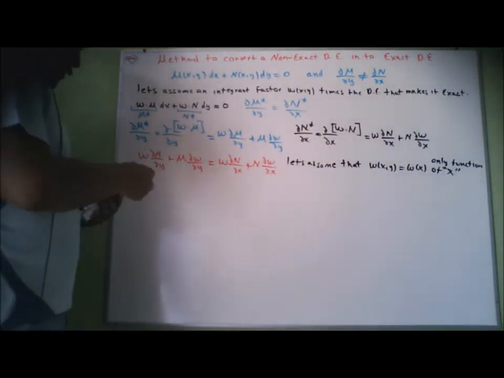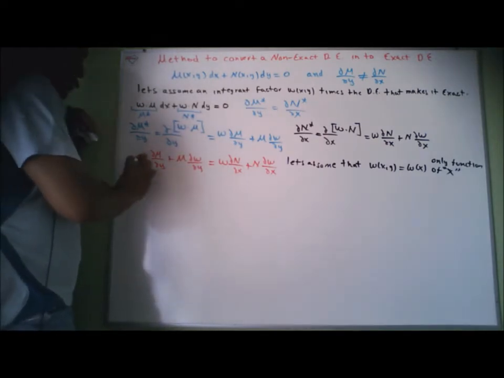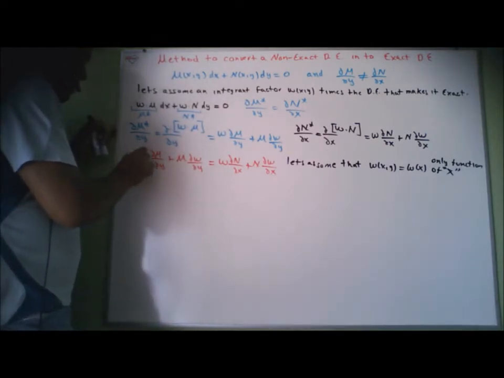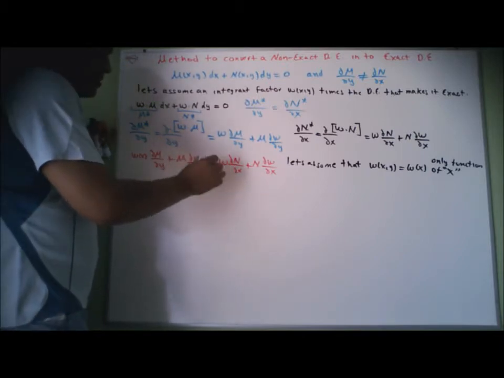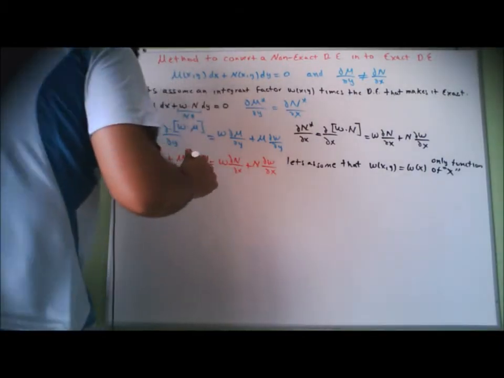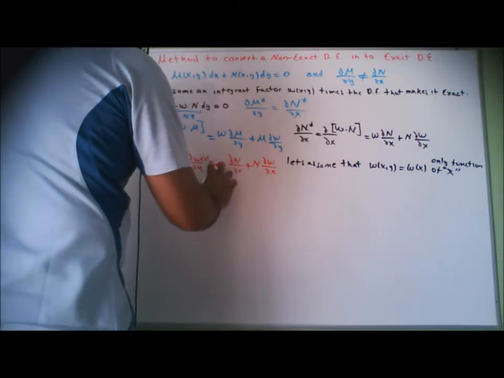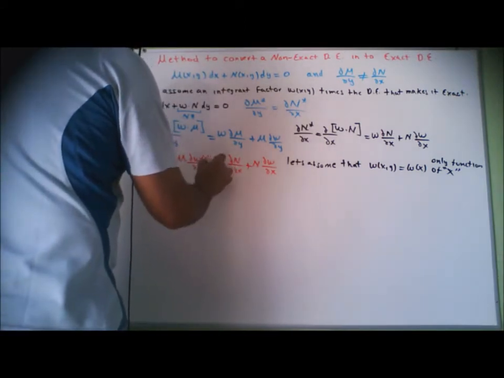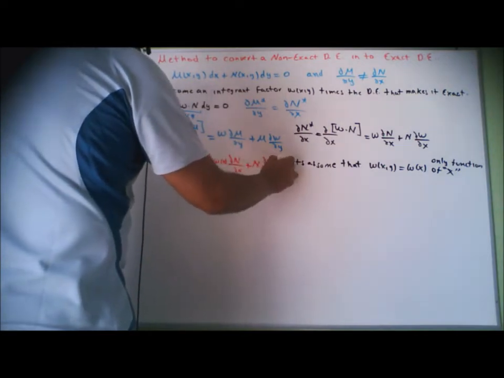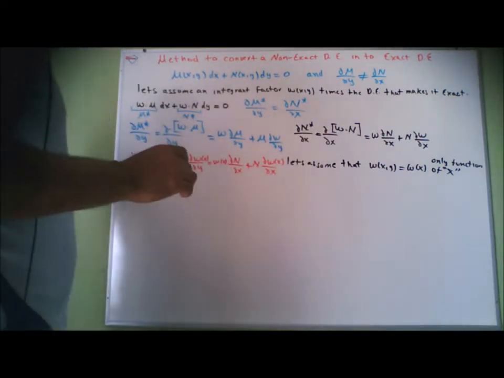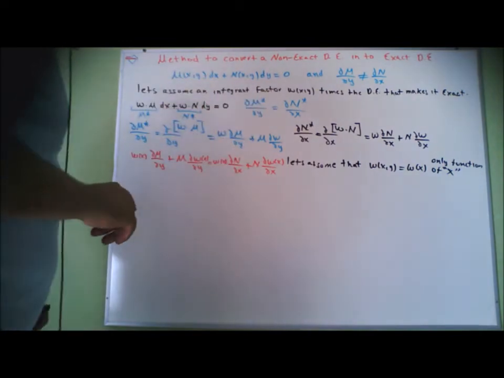Here I'm going to write w of x, and here w of x, and here w of x. It is only a function of x. It's no longer a function of two variables.